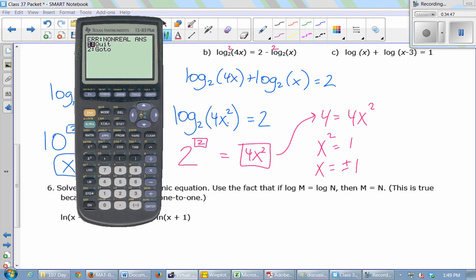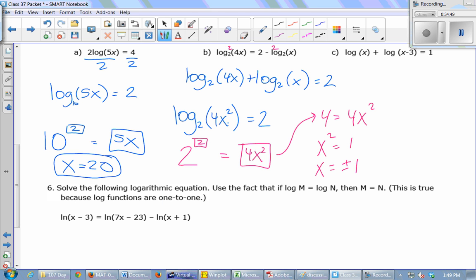Think about the graph of the log function. It never crosses the y-axis. It looks like this. Look at the y-axis as a vertical asymptote. So I can't put in a negative x value. There's no y value. So we should reject the negative. x equals 1 is my only solution. I have an extraneous answer there.